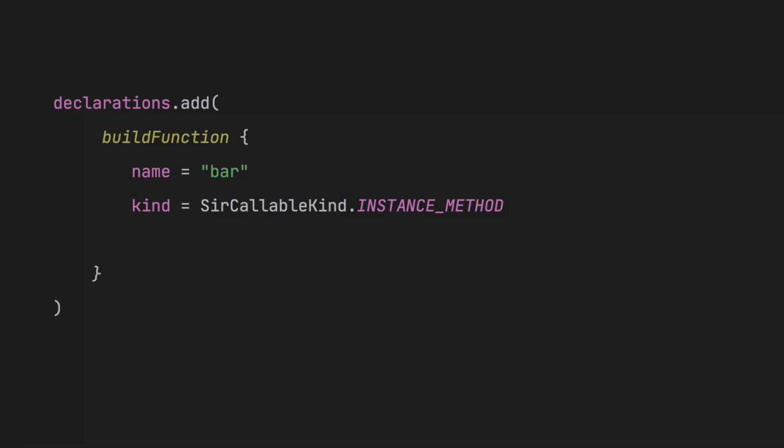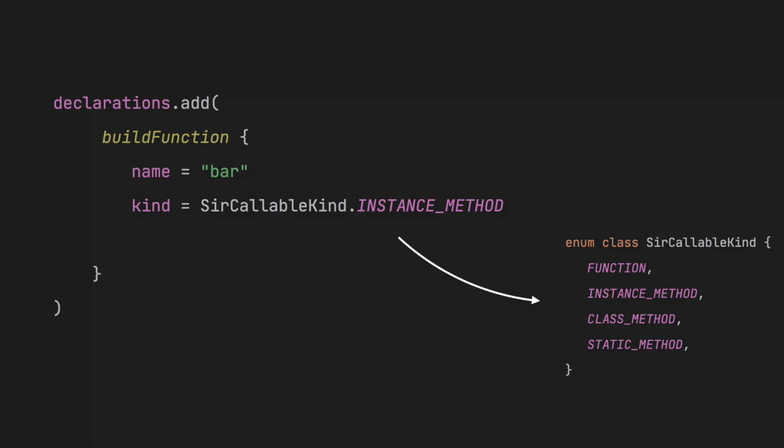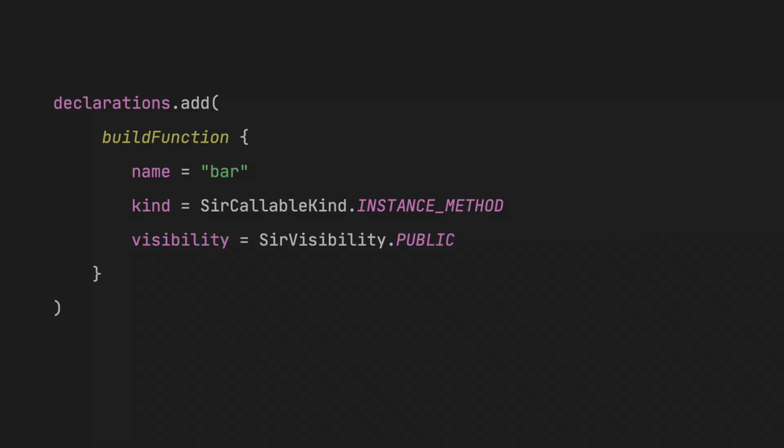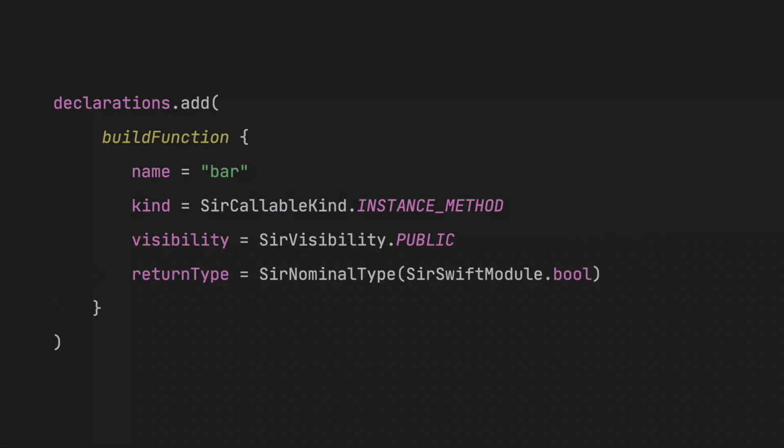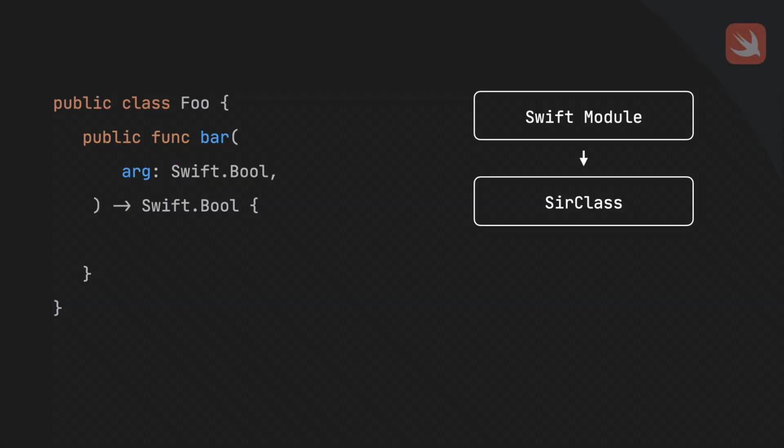It's not a function, it's an instance method. And we're also going to specify the return type of this. As we saw earlier, we have an enum that allows us to use different types of callable kinds. In this case, it was an instance method. In the previous example, it was a simple function. Then we're going to specify our visibility, and then we have a return type. So far what we have done is built out this tree.